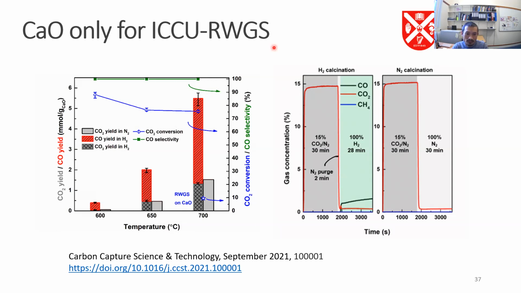And we also did some Aspen simulation because that is mainly the thermodynamic limitation. In this case, using the ICCU concept, the CO2 does not come from the gas directly. CO2 comes from the solid, from calcium carbonate. So there is an instant release of carbonate, or CO2 molecules.